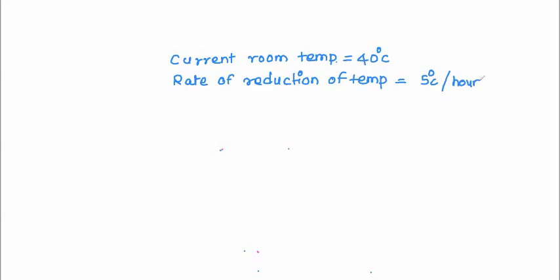Okay, now because it is a rate of reduction, we are going to use minus sign because it is reducing. If it is increasing, we would have used plus sign. Because it is reducing, we are using minus sign. So temperature is reducing at minus 5 degrees. So it is reducing at 5 degrees per hour, means it is minus 5 degrees every time it's happening.